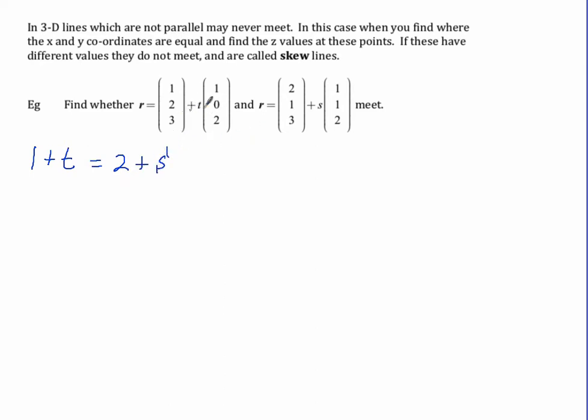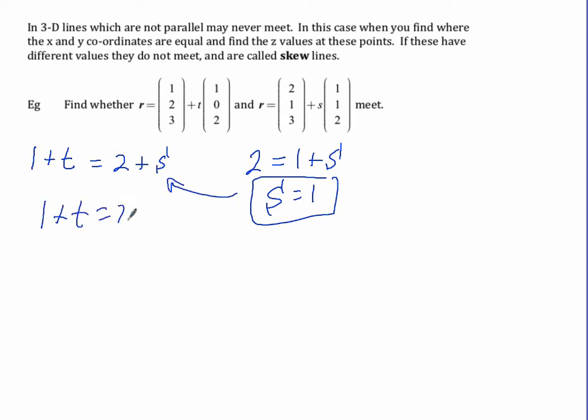And this middle one looks pretty interesting because we've got a 0 there, so we could have just started with that one. The middle equation is nice because we have 2 plus 0t equals 1 plus s, so s equals 1, we can get that pretty quickly. Plug that into this one. 1 plus t equals 2 plus 1, so t equals 2.